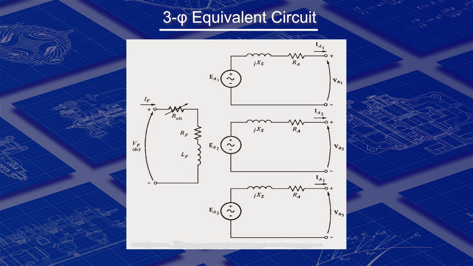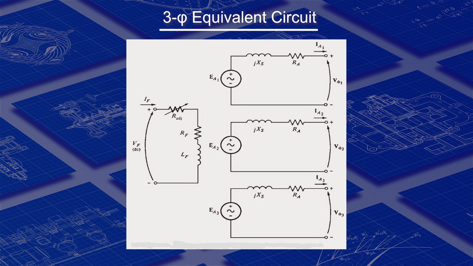But in both types of operation, there will be DC supply into the rotor, and you can see in the rotor circuit we have shown the VF. VF is the field voltage. It is DC, which is going into the field winding, which is put on the rotor.